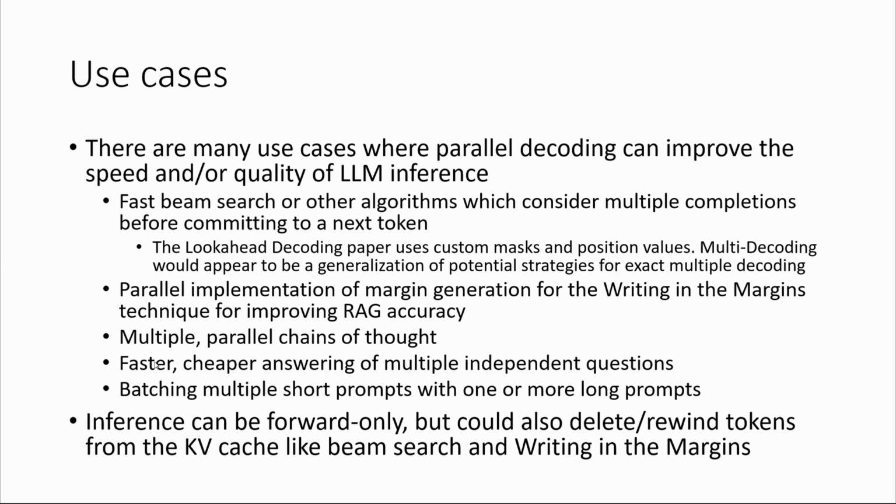And then finally, the last idea is, I don't know how often this would happen, but if you have a multi-user server and you have a long prompt that has, let's say, a 10,000 sequence length, and you have a bunch of users that are asking really short questions like, what is the capital of France? You can pack all of those short questions in the 10,000 space you have in the other batch entries.